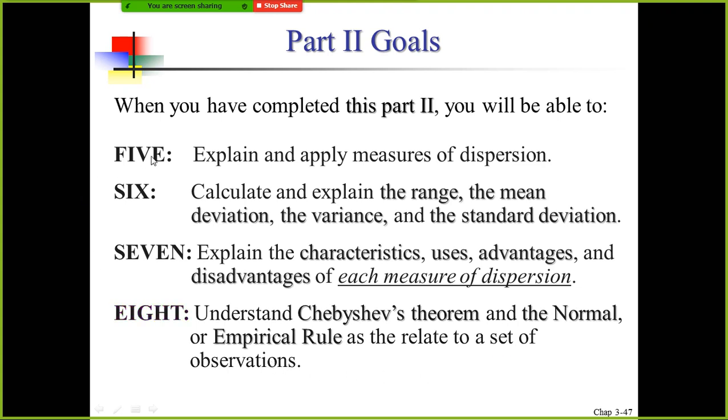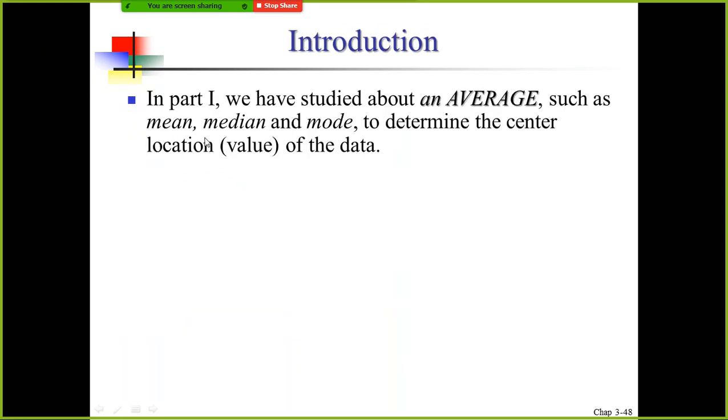Okay, these are the points that we continue from part 1. That's why you can see this is point 5, 6, 7, and 8. In part 1 we studied the average value of a data set. The average value is used in order to measure location.